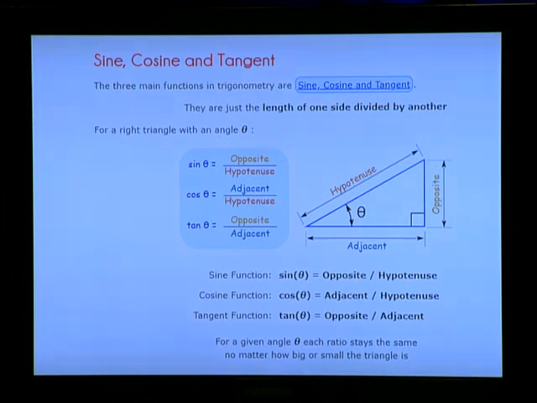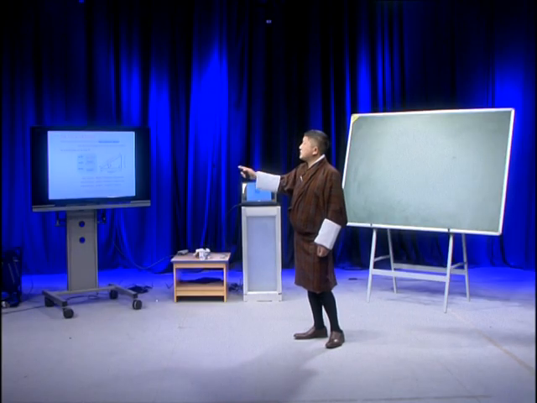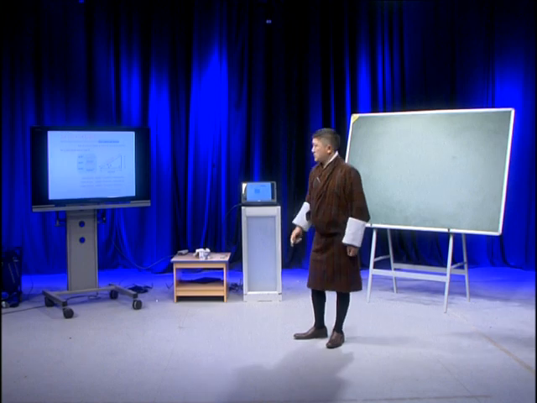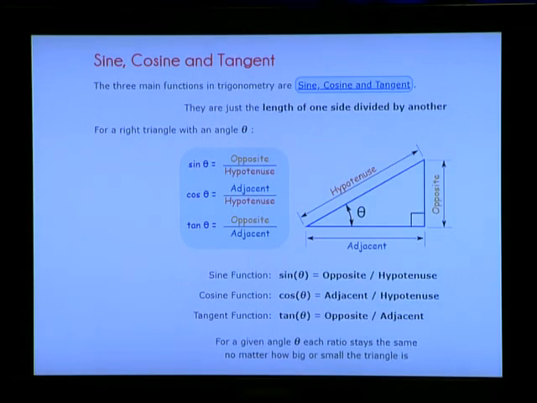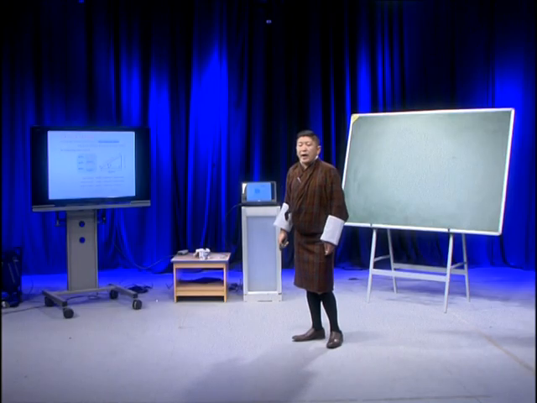Now let's talk about the sine. How do we find the sine of an angle? The sine of an angle is the ratio of the opposite to the hypotenuse. Then the cosine of the angle is the ratio of the adjacent to the hypotenuse, and the tan of an angle is the ratio of the opposite to the adjacent.